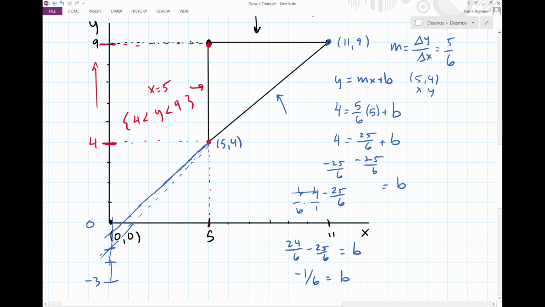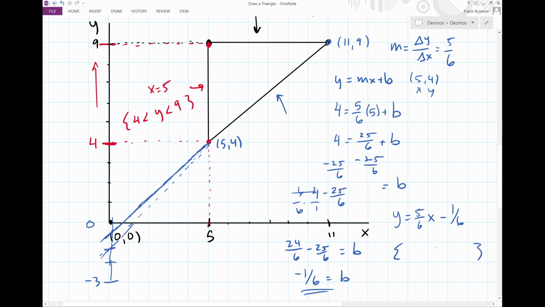So the line is more going like this somehow. Okay, well, I estimated, and it is between 0 and -3. That is true. It's not perfect, but it's a good estimate. Then our formula here is going to be y is equal to my slope of 5 over 6 x minus 1 over 6.